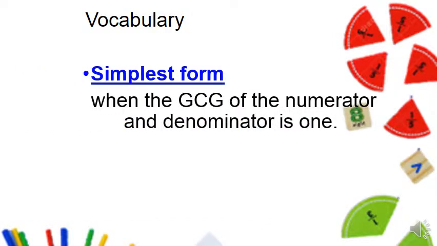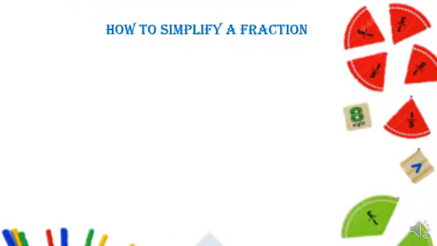When I say simplified form or the simplest form, it means this fraction cannot be simplified anymore. Why? Because the GCD between the numerator and the denominator is 1. No more common divisors. How to simplify a fraction?